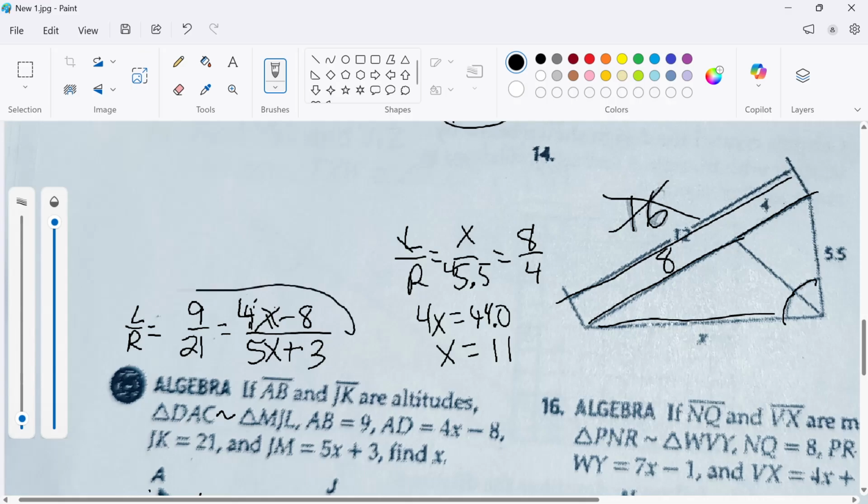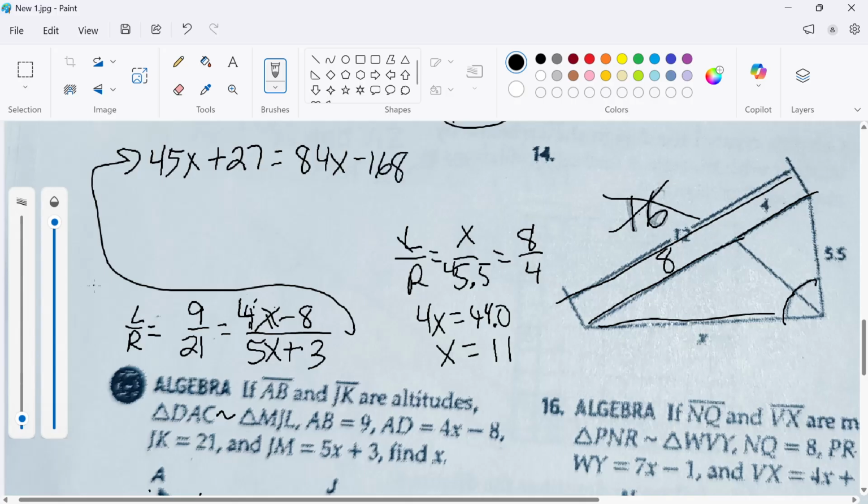I'm going to cross multiply. 9 times 5x is 45x, plus 3 times 9 is 27, equals 4x times 21, which is 84x, minus 8 times 21, minus 168.